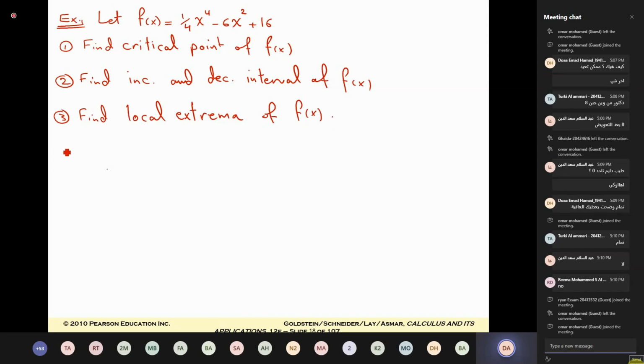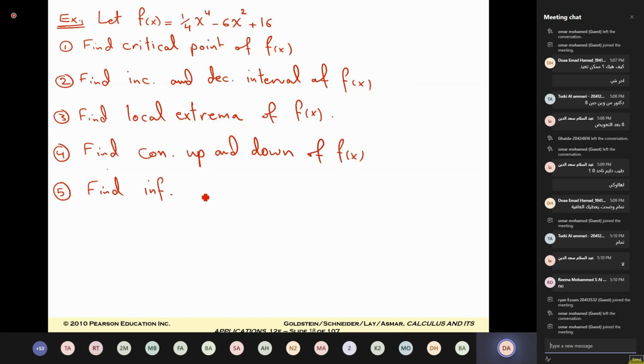Number 4, find concave up and down of f of x. Number 5, find inflection point of f of x.